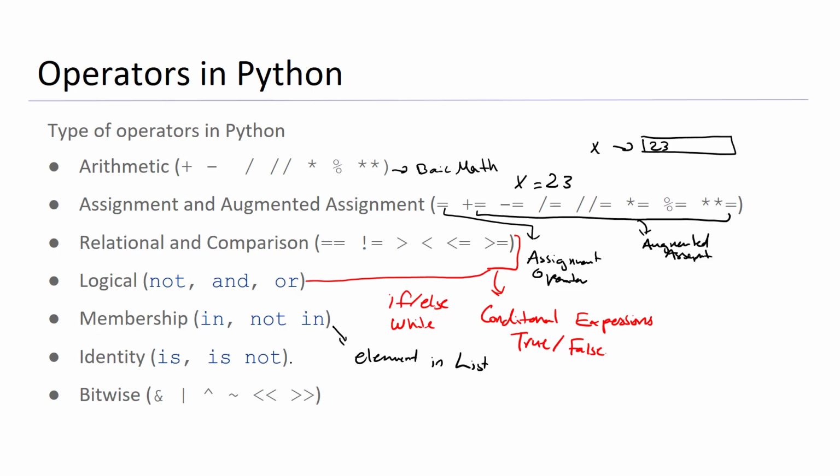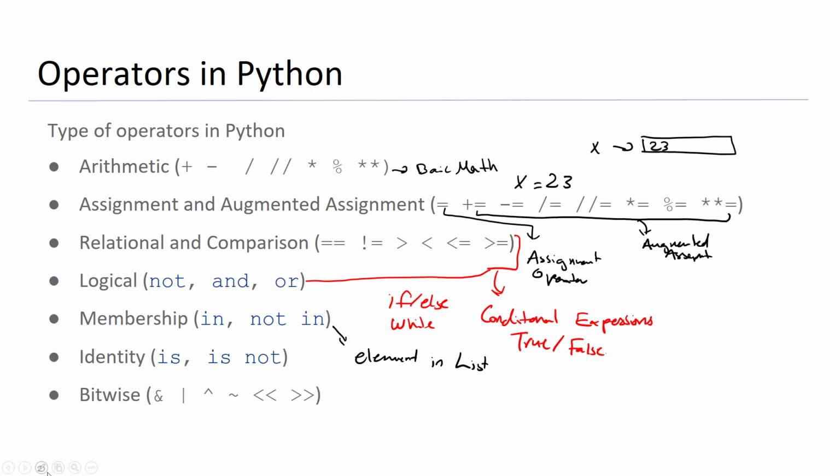We have also identity operators, which are basically used to check whether two objects belong to the same type, or whether an object belongs to a certain class. And you also have bitwise operators, which are used for doing arithmetic at the bit level.